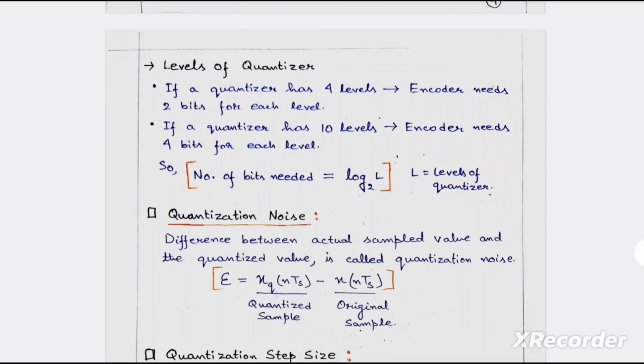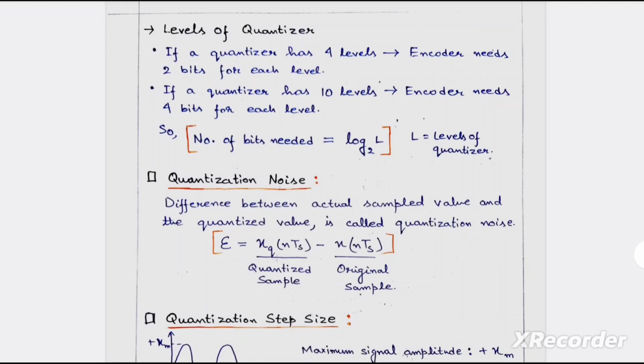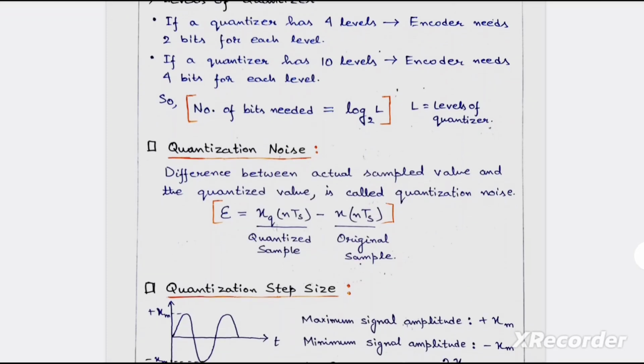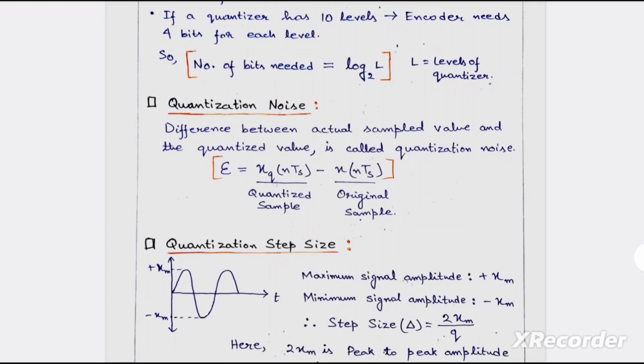If the quantizer has 4 levels, the encoder needs 2 bits for each level. If the quantizer has 10 levels, the encoder needs 4 bits for each level. By observing these two examples, we can clearly see that the number of bits needed equals log L to the base 2, where L is the number of levels of the quantizer.